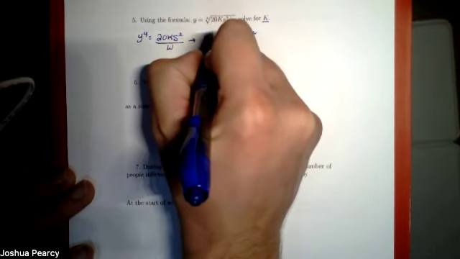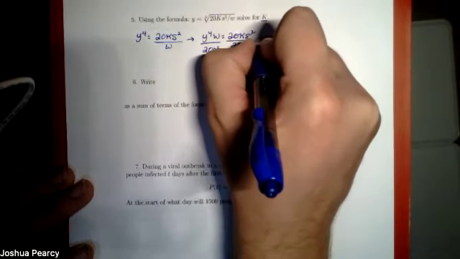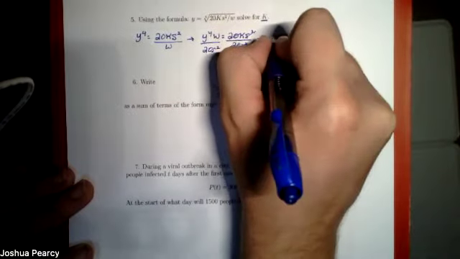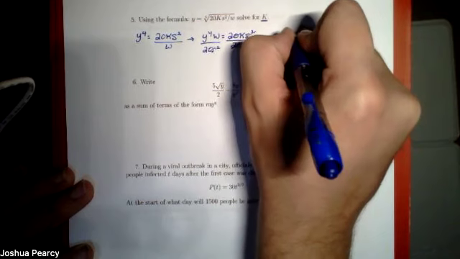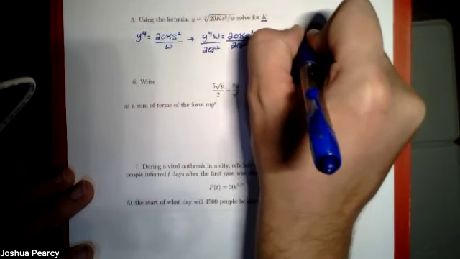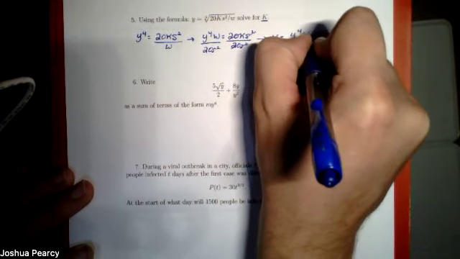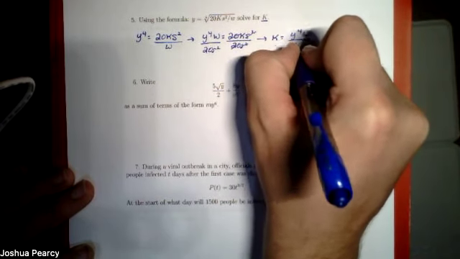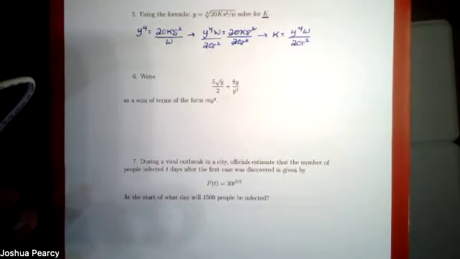So this is divided by 20s squared. And then when I do that, I'm left with k equals y to the fourth times w divided by 20s squared. So now I've solved for k like it asked.